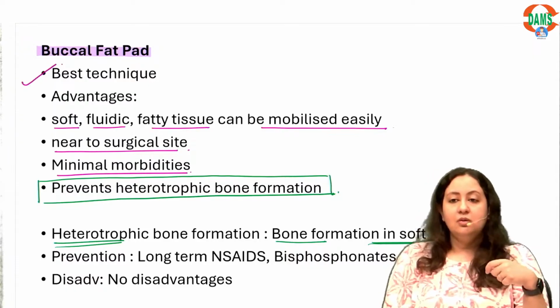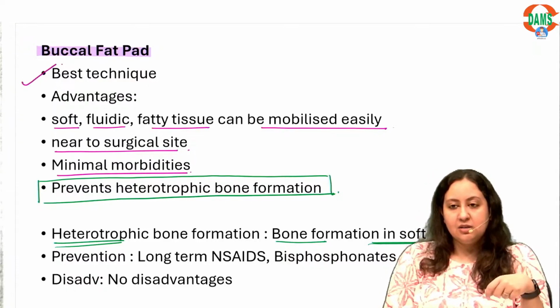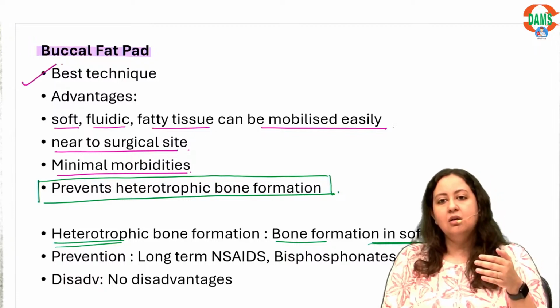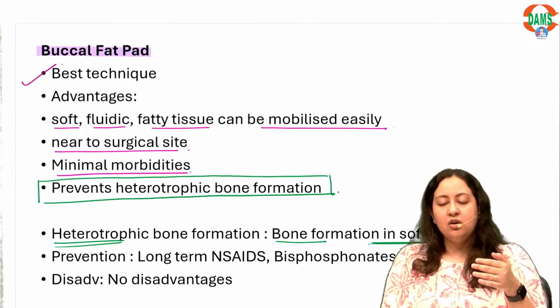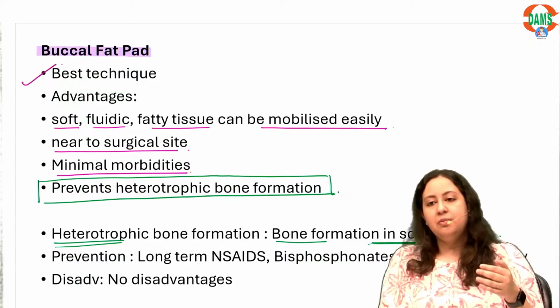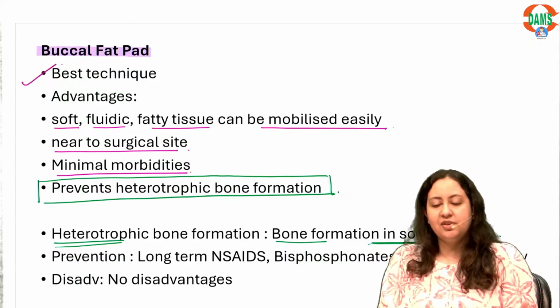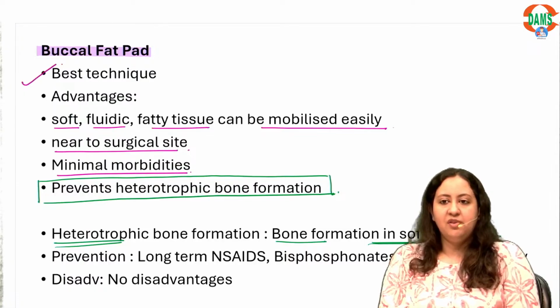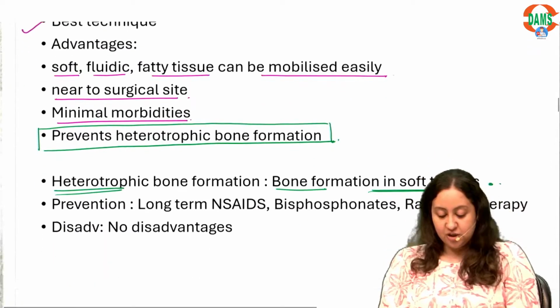So the advantage of buccal fat pad lies over here, that when you use that as an interpositional material or glenoid fossa lining material, it prevents its own calcification or it prevents bone formation in buccal fat pad tissue. So that is one major advantage and property of buccal fat pad, which is very advantageous to us.